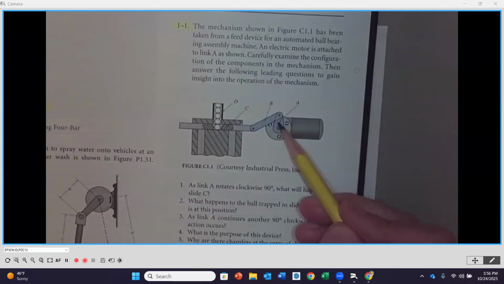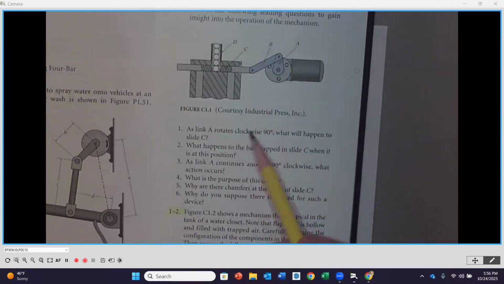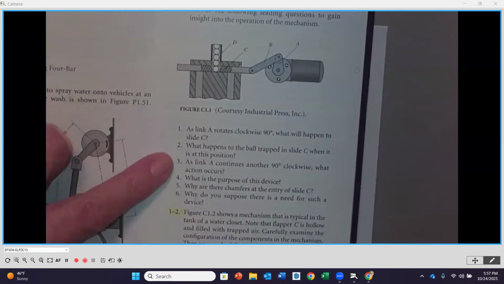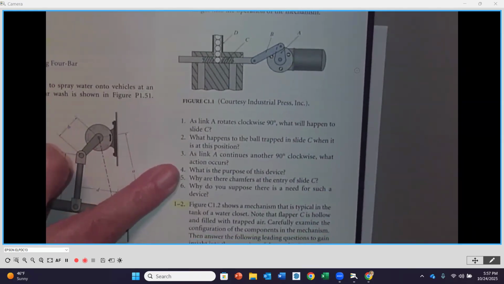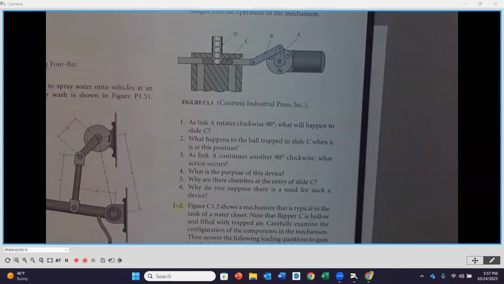Okay. So once you get an idea of what that mechanism is doing, you want to answer the 6 questions that they have. As I stated the last time we were together, when you answer these, I want you to think about emailing your boss, when you're working in industry, and your boss wants to know the answers to these questions.